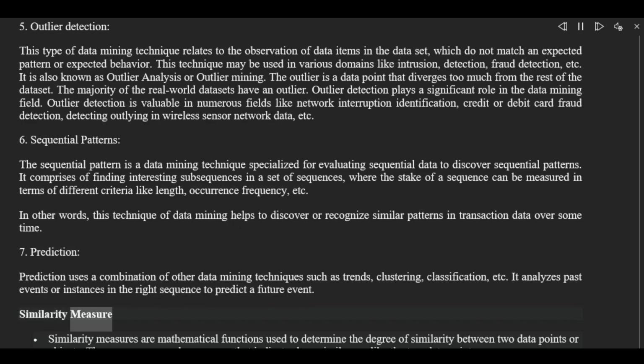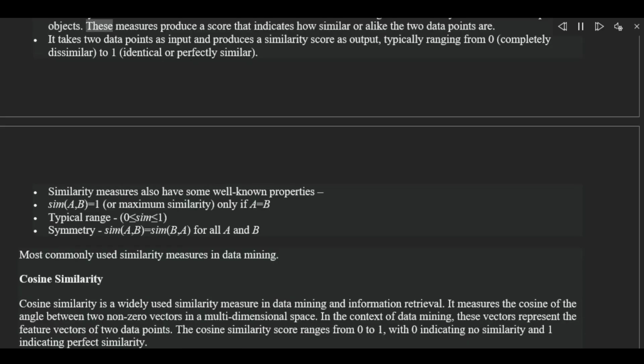Similarity measure. Similarity measures are mathematical functions used to determine the degree of similarity between two data points or objects. These measures produce a score that indicates how similar or alike the two data points are. It takes two data points as input and produces a similarity score as output, typically ranging from 0, completely dissimilar, to 1, identical or perfectly similar.